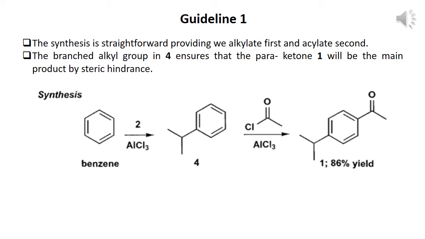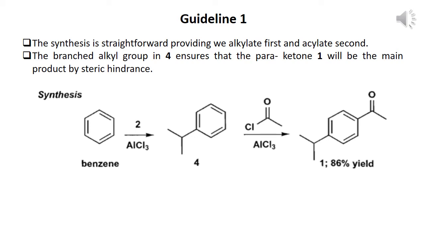Of course, both the alkyl group and the acyl group are considered here, and the alkyl group is the ortho-para directing one. When we disconnect this compound, the first disconnection will be added at the last. So first we shall disconnect the acyl group and then the alkyl group.